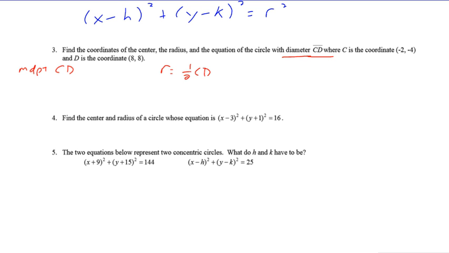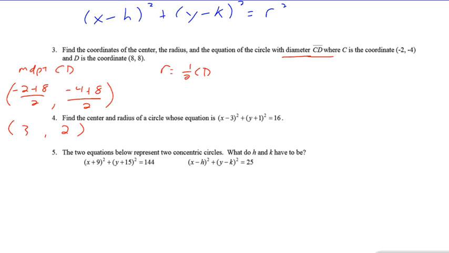And once we find those, we can write the equation of the circle. So the midpoint is average the x's, average the y's. We have 3, 2 as the center.